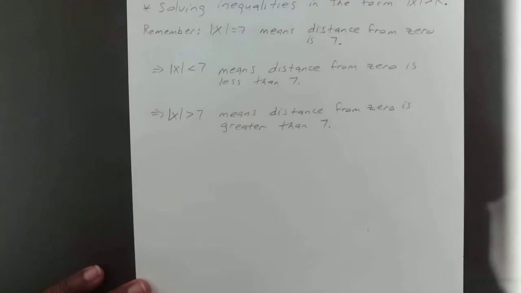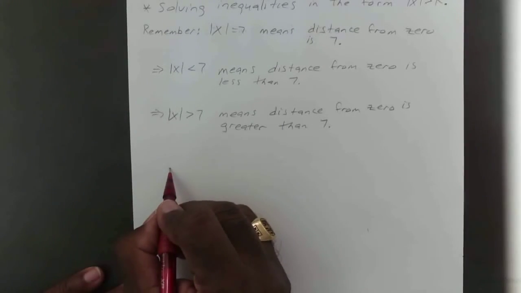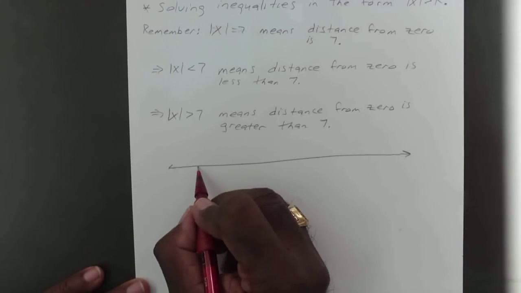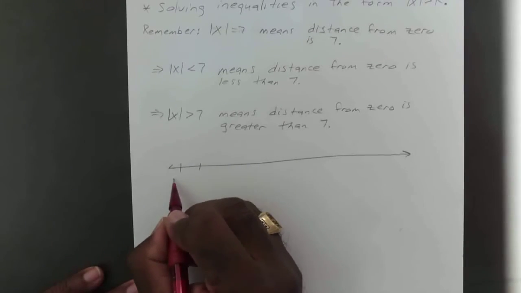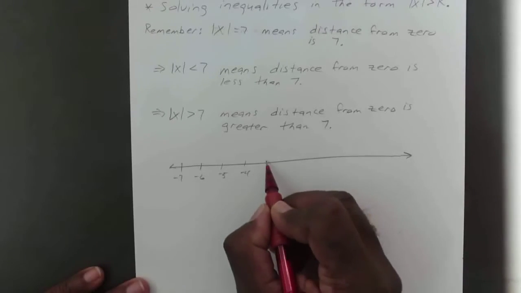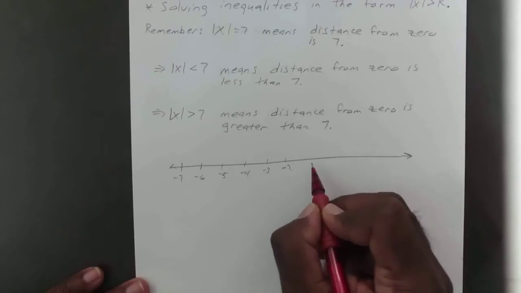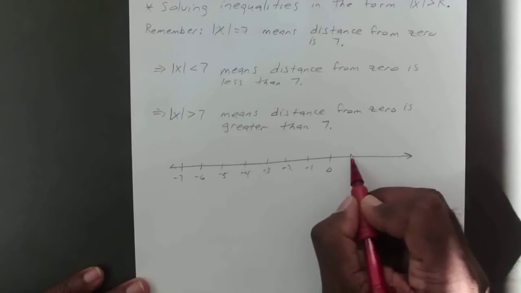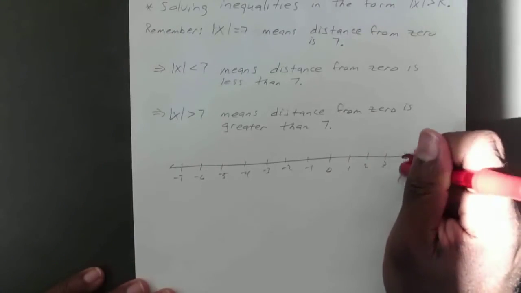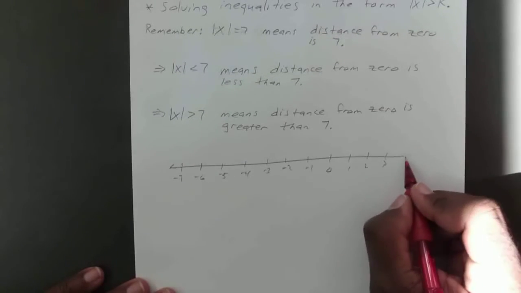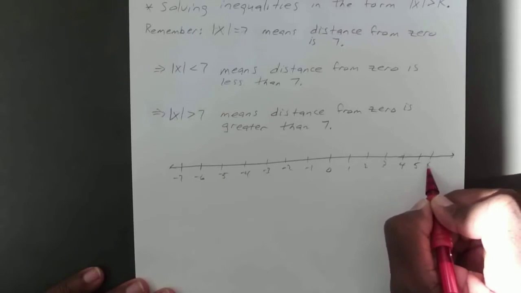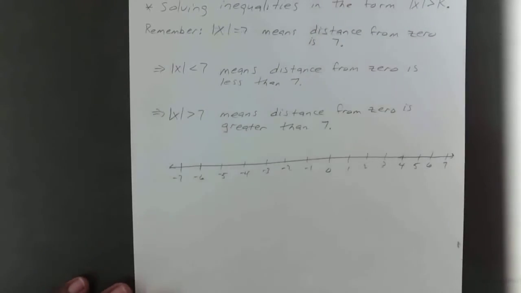So if you wanted to graph it out, say -7, -6, -5, -4, -3, -2, -1, 0, 1, 2, 3, and we're going to go all the way up to 7: 4, 5, 6, and 7.